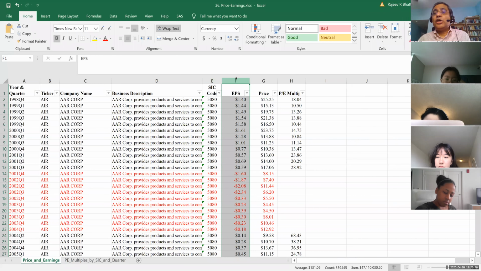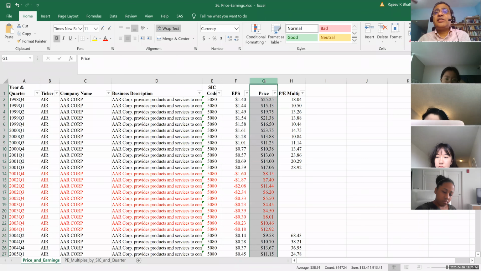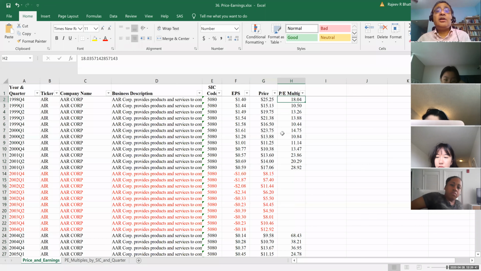This here is the earnings per share as announced. And this here is the price at the close of that quarter. This here is the price earnings multiple, only if earnings is positive, because otherwise it's meaningless.